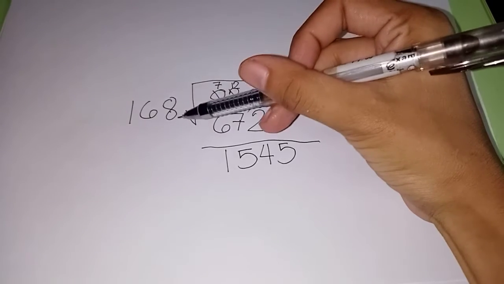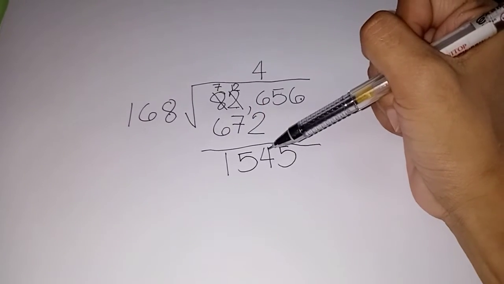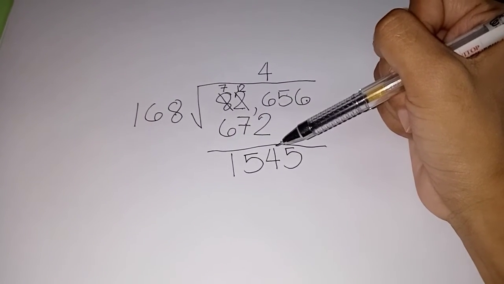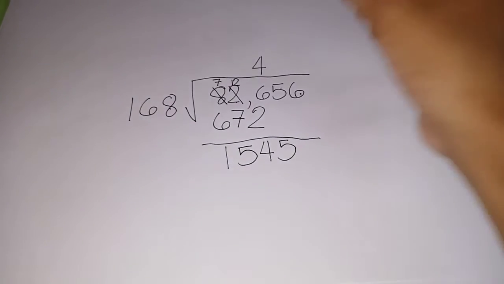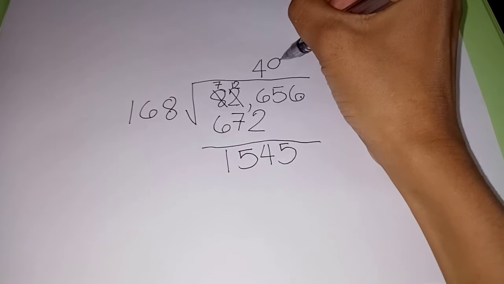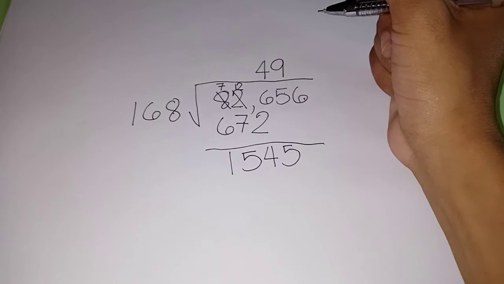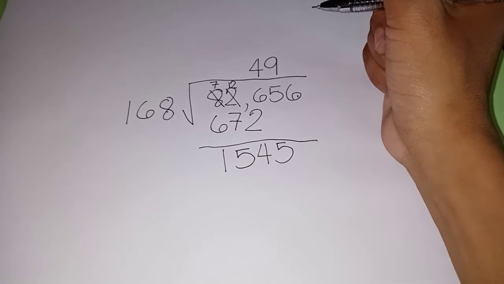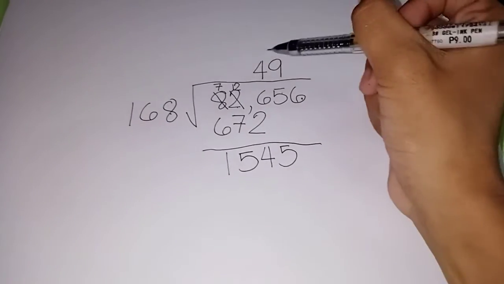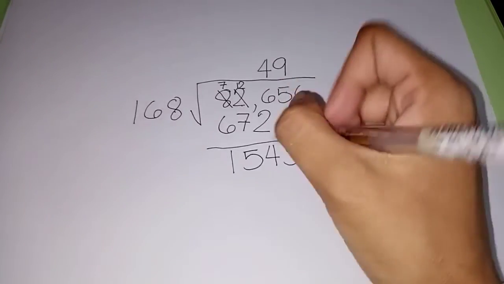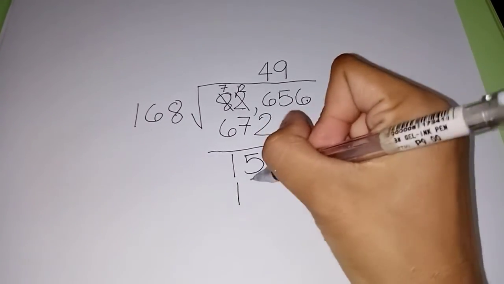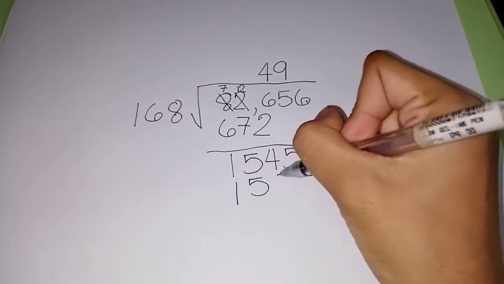So how many 168 are there in 1545? So there are 9, because if 10, we will exceed. 9 times 168 is equal to 1512.